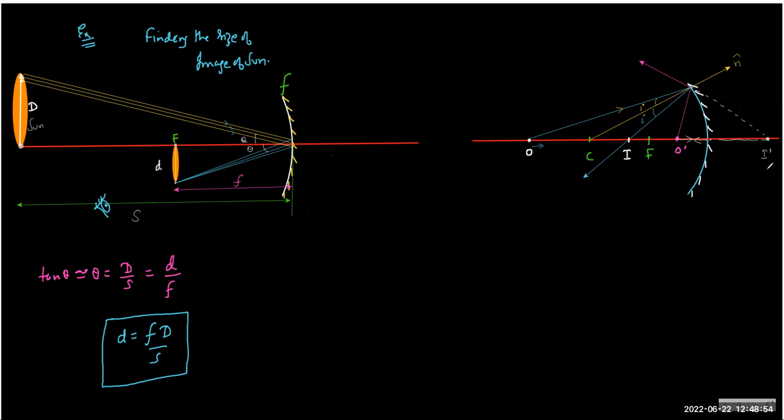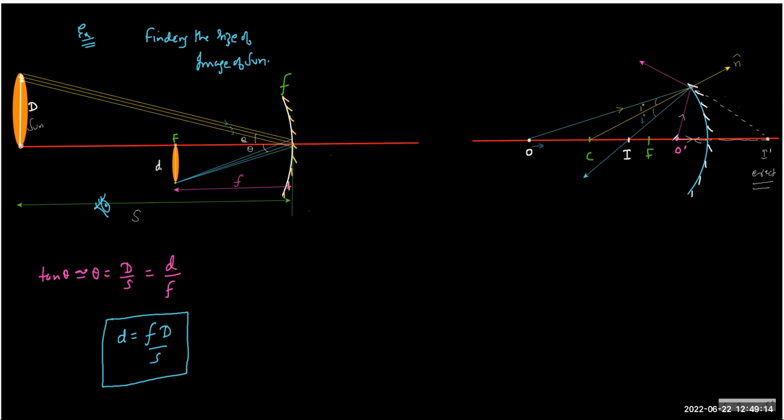So that's why this is called the virtual image. And what you can realize is that the top will go up and the bottom will go down only. So it means the image will be erect. It's not inverted with respect to the object.